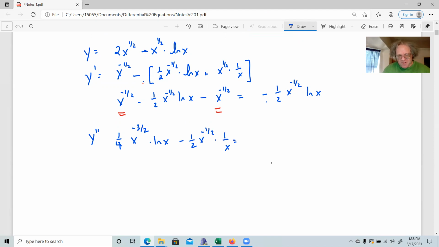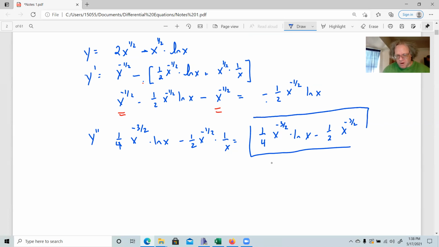Let's clean this up a little bit. Negative 1/4 x to the negative 3/2 natural log x minus 1/2, and it looks like we have x to the negative 3/2. So that's my y double prime.